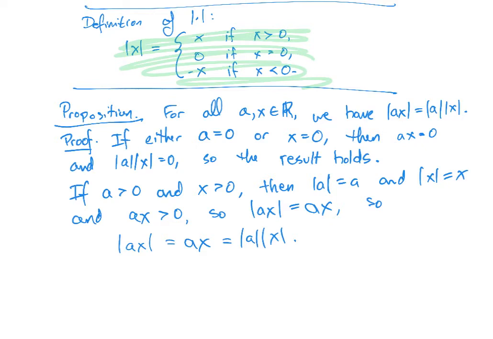Why do we know that part? That if a is greater than 0 and x is greater than 0, then ax is greater than 0? Anybody? There are 3 possible answers I would accept here.